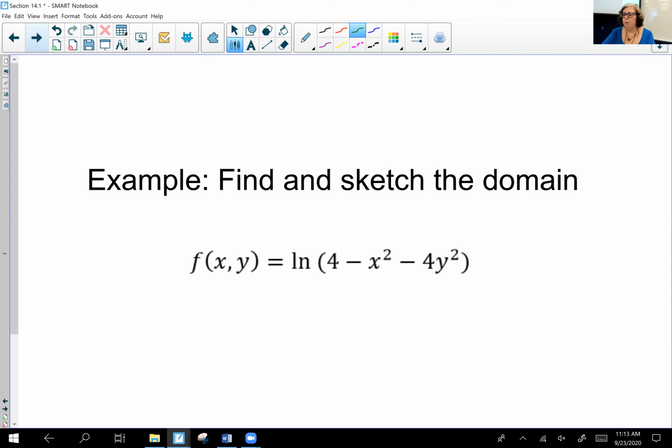What's weird about these problems is we spent years and years drilling you on interval notation, and now we're going to kind of throw it out the window a little bit. So you've been warned. Okay, so go ahead and write this one down.